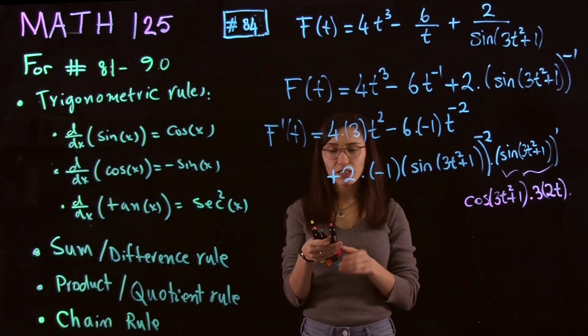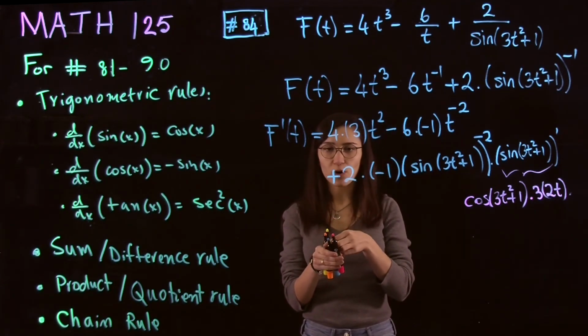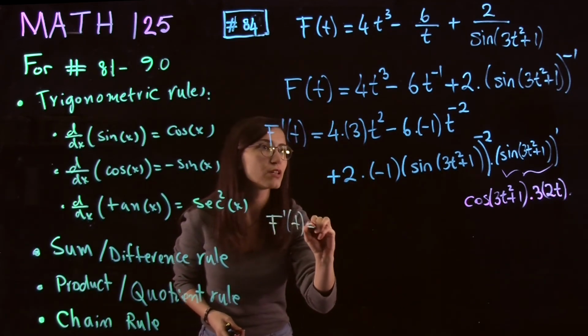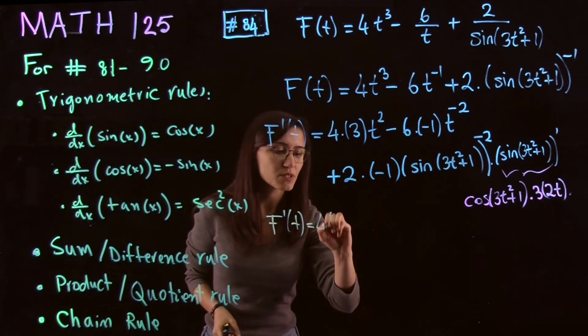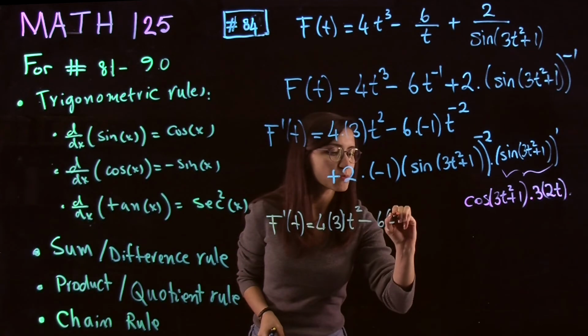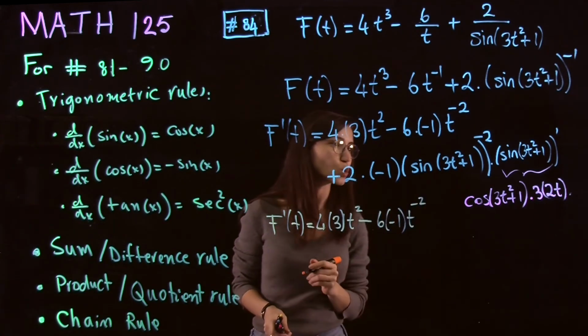I took every derivative, so let's try to write this in a better form now. Okay, so f prime of t becomes equal to 4 times 3 times t squared minus 6 times minus 1 times t to the minus 2.